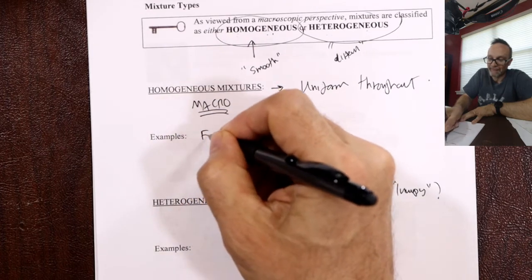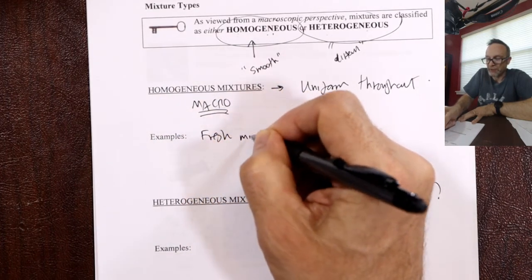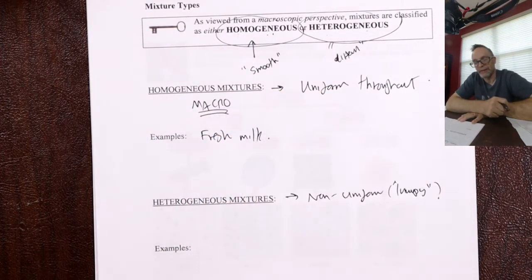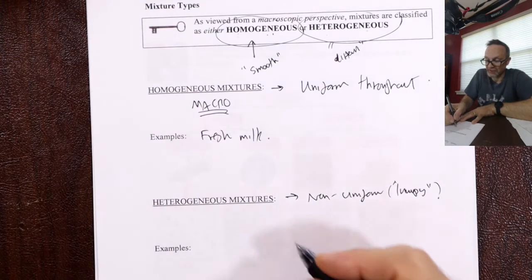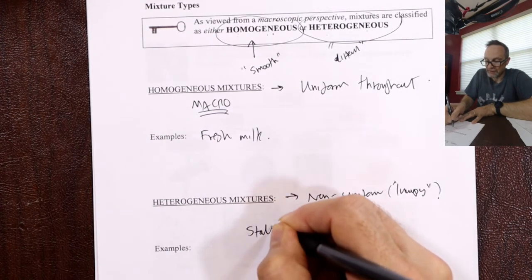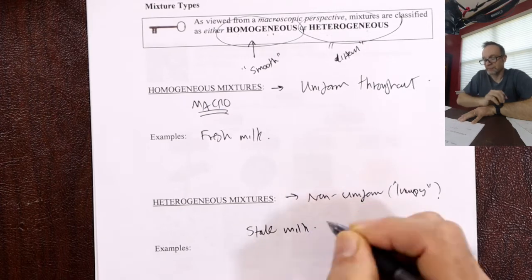So fresh milk is homogeneous. What about stale milk? So I forget to put it back in the fridge, come back a week later, pour some out into a glass, and I get a liquid and a lump. Liquid, then a lump. Is it smooth or lumpy? It's lumpy, right? It's heterogeneous. Stale milk.